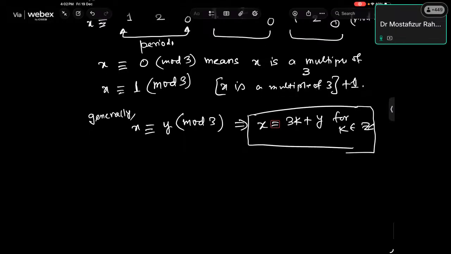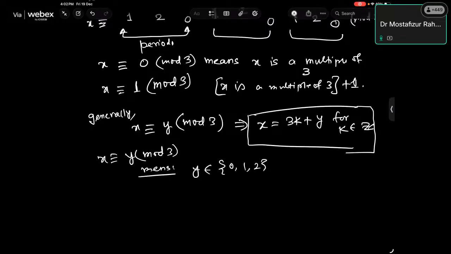So also notice the periodicity of modular arithmetic. From here, we understand where the period is. So if I write x equivalent to y modulo 3, just this example, this means y belongs to 0, 1, 2, right?